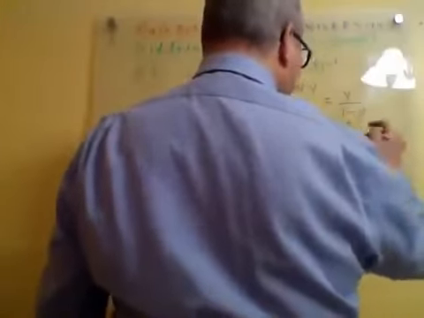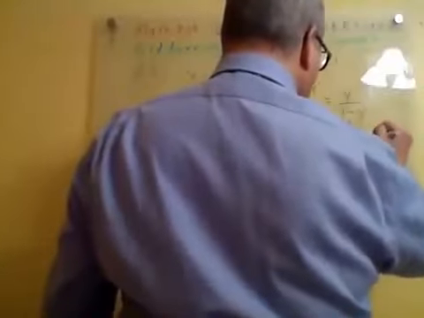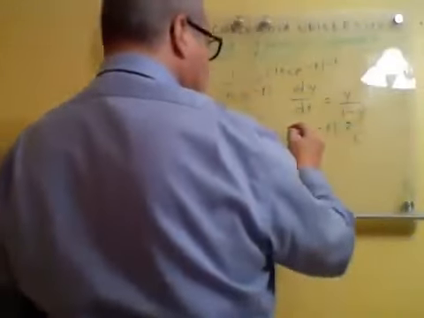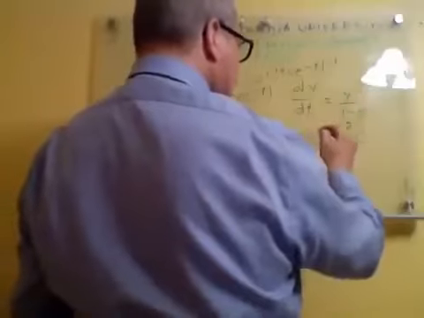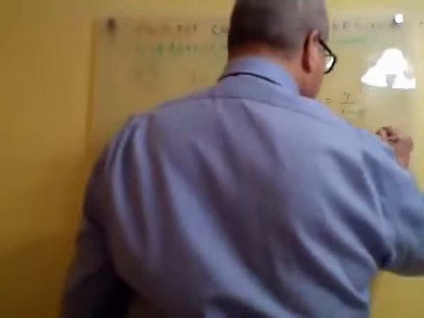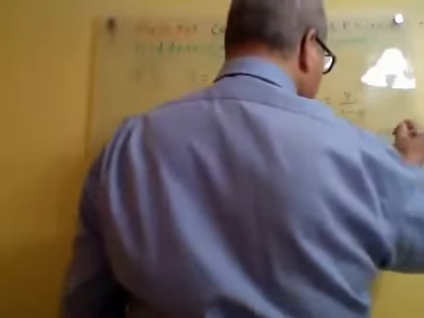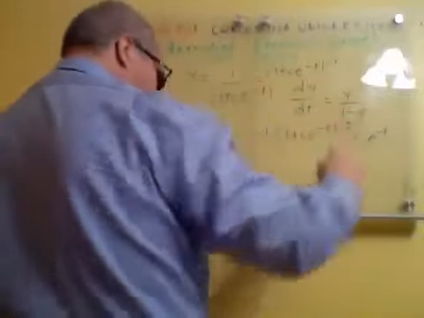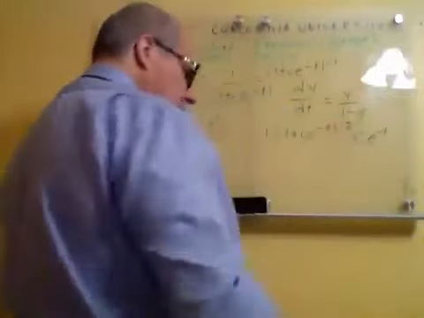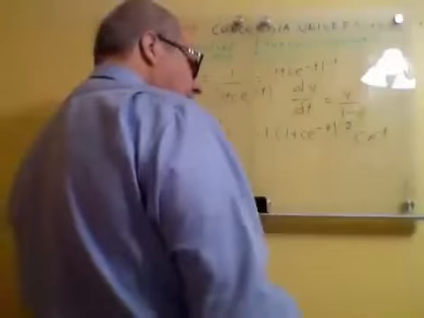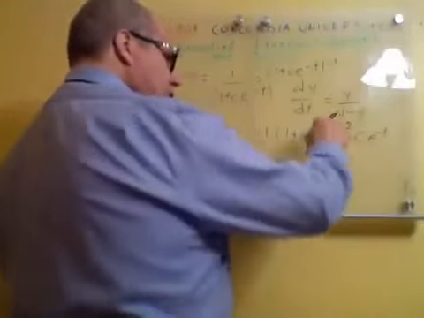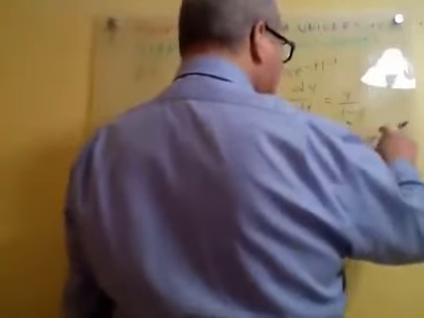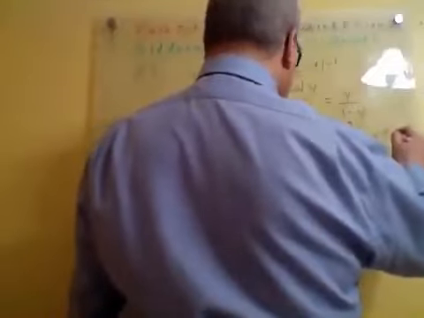which will be equal with c, and the derivative of 1 is 0, the derivative of this is c, and the derivative of e to the minus t is e to the minus t. And again, because you use once more the chain rule, because of this minus here, you have to put a minus here.